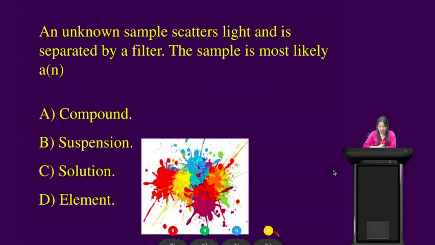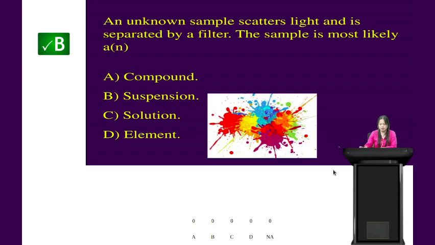Alright students, your time is up, and yes, very good. The correct answer here is option B, suspension. The particles of a suspension can scatter light and can be filtered by the process of filtration.